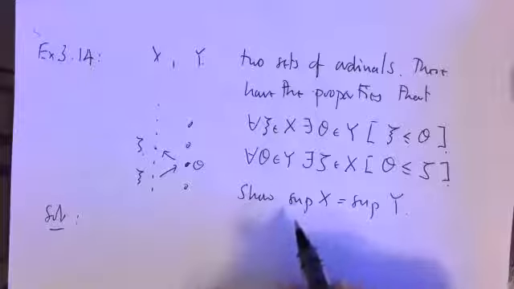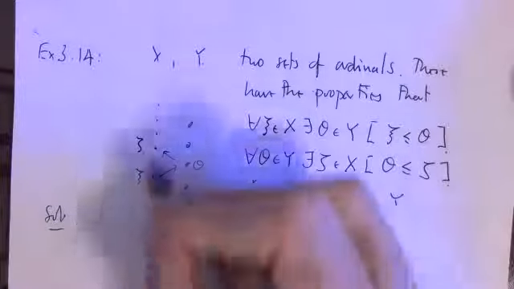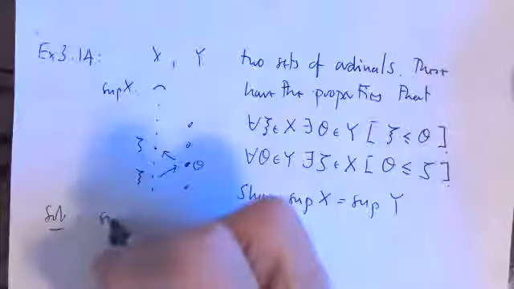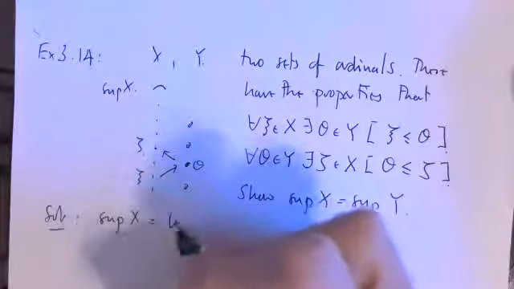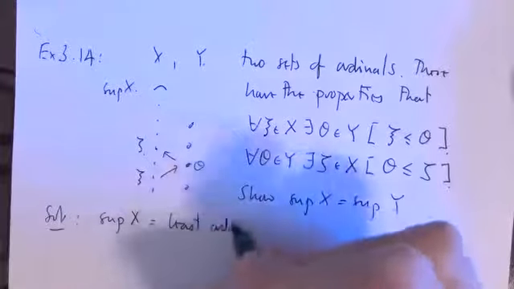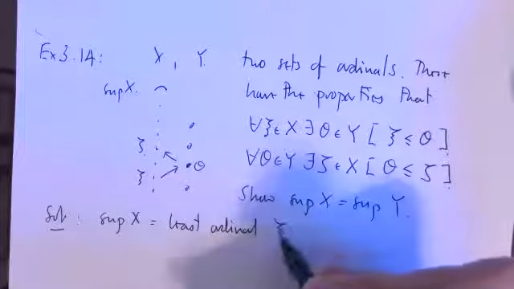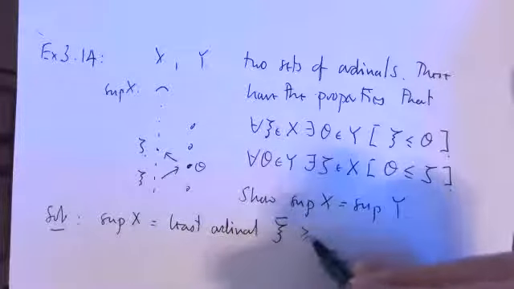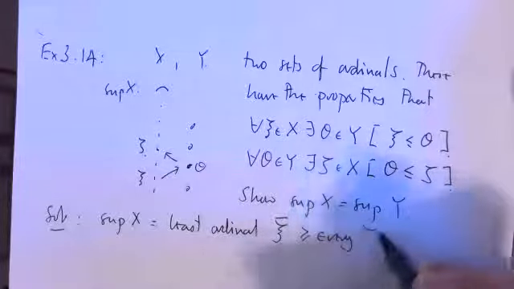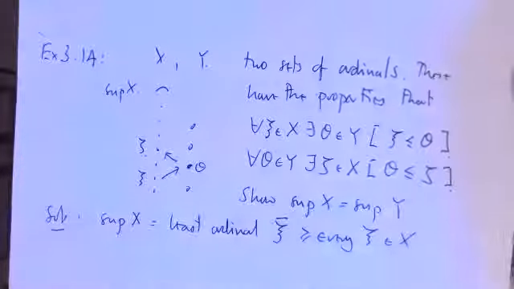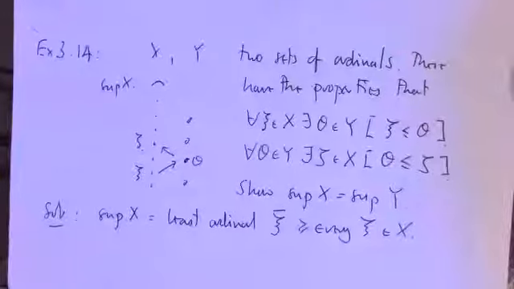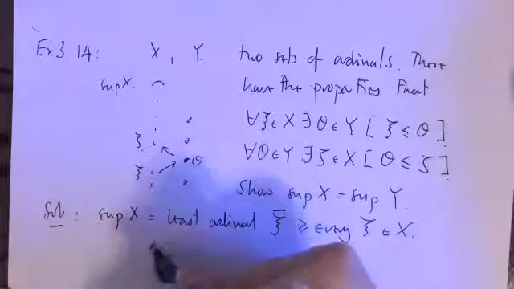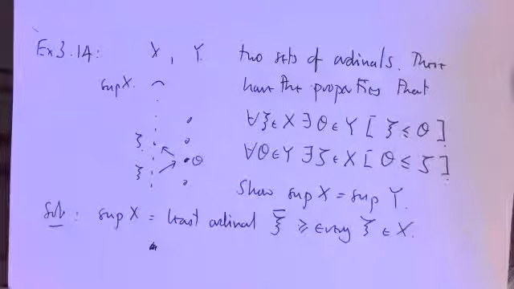What is the supremum of X? It's the least ordinal greater than everything in X. So the least ordinal psi bar greater than or equal to every psi in X. It's the least, let's leave it at that.